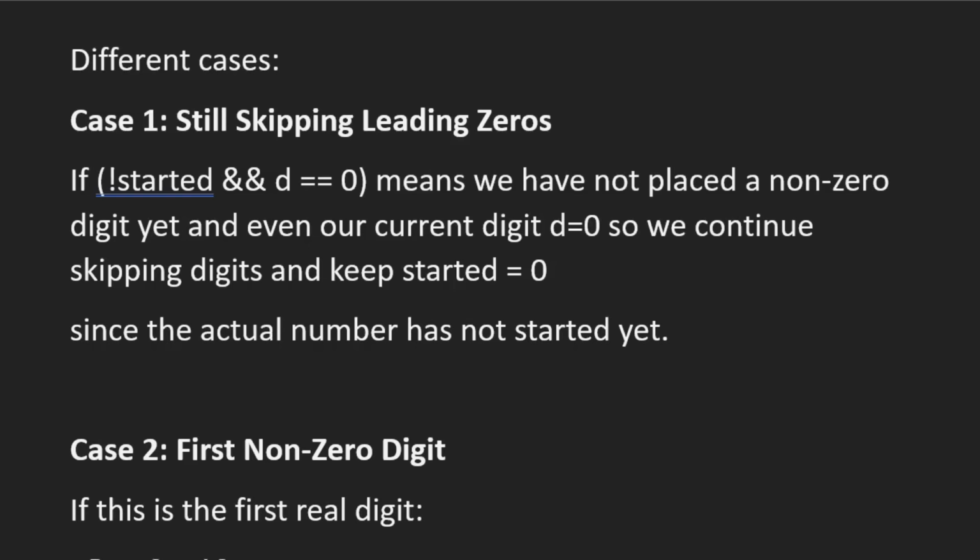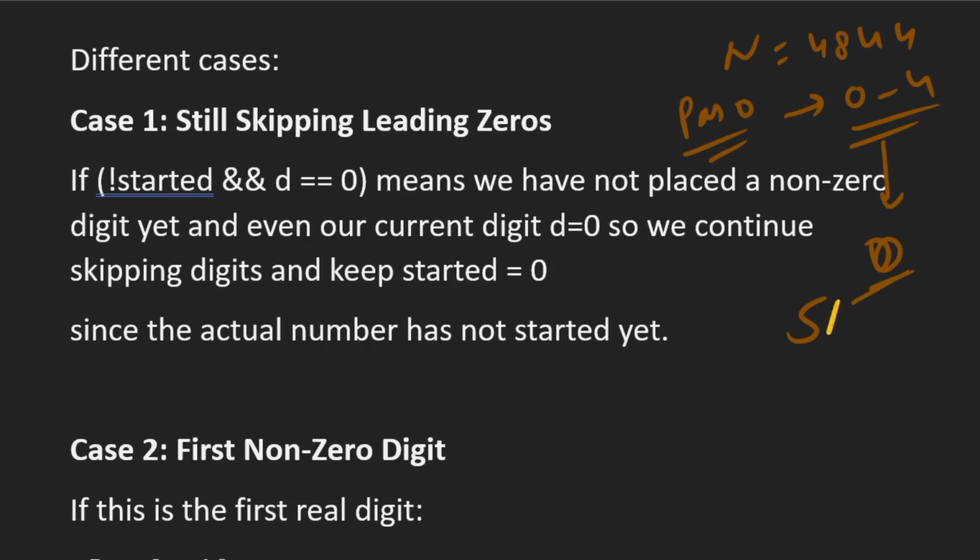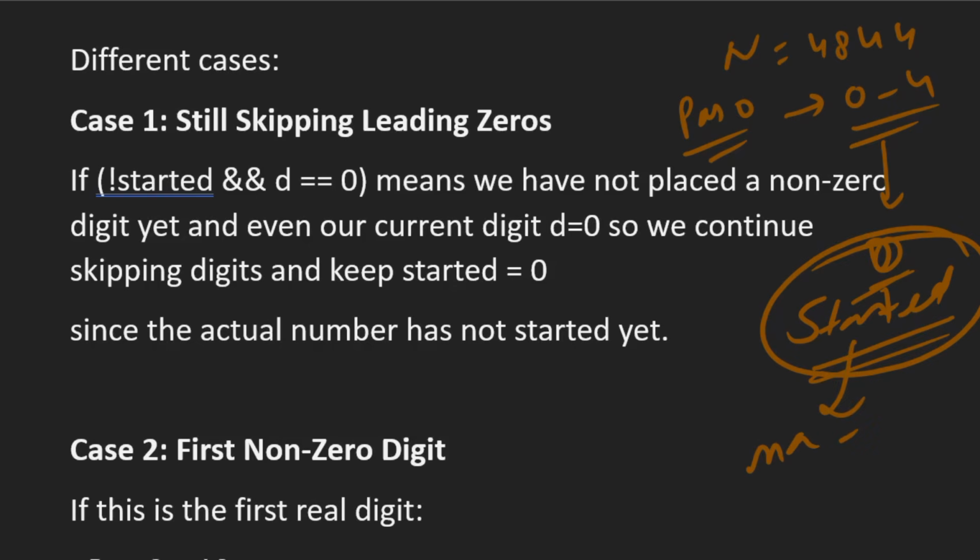So suppose our n is 4844, and at position 0 we can choose any digit from 0 to 4. If you have chosen 0, then our started variable, which tells whether we have put a non-zero digit or not, comes in, right?